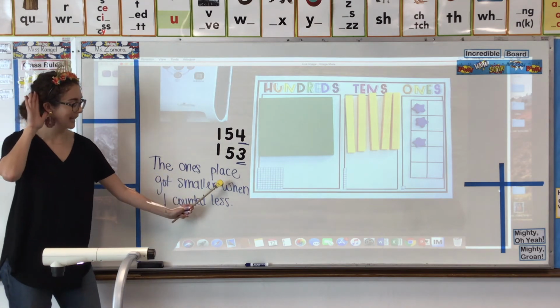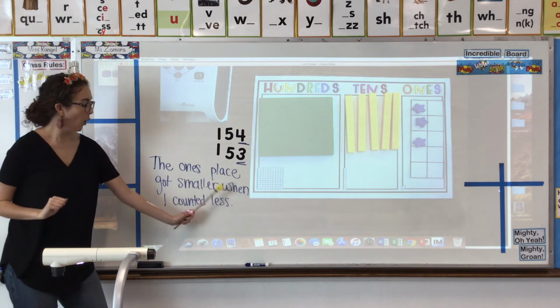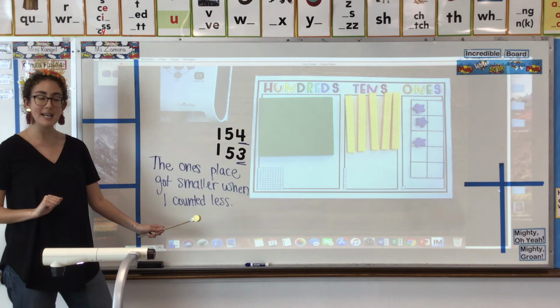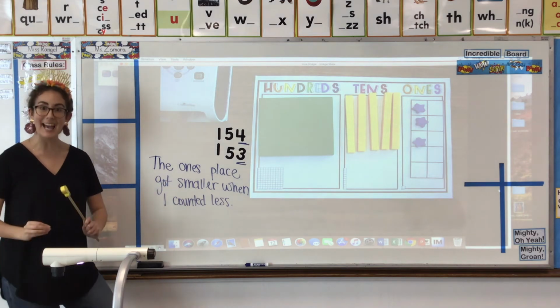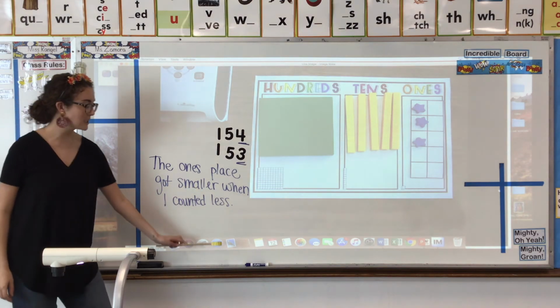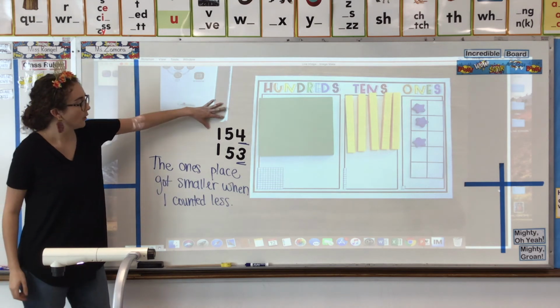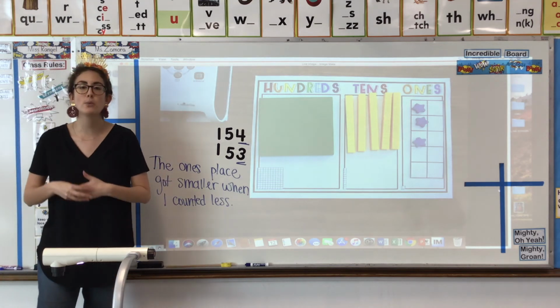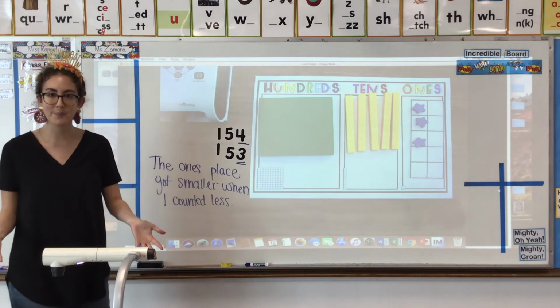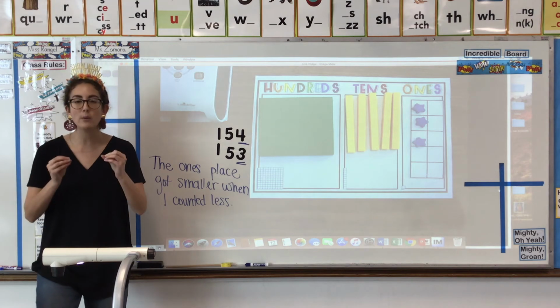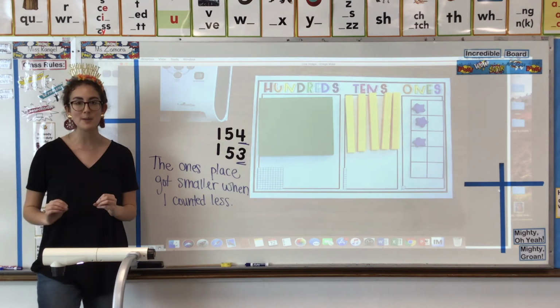The ones place got smaller when I counted less, which is what we did. We counted less, and therefore our ones place was getting smaller, which changed our number from 154 to 153. So when we're working with less, we're counting down, getting smaller values.